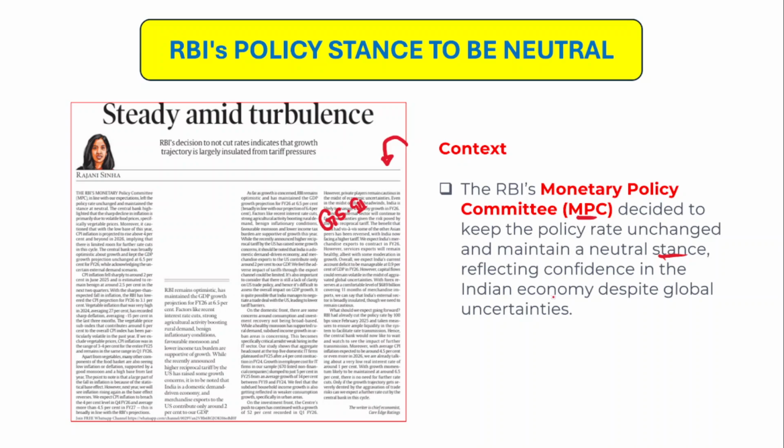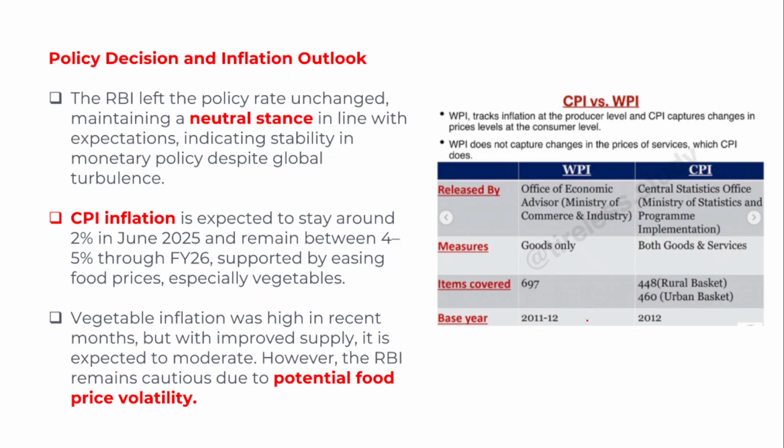So therefore, it reflects confidence in the Indian economy despite the global uncertainties. We all know that there are global uncertainties. For example, the Russia-Ukraine war, the Israel-Gaza conflict, the Iran-US conflict, and US President Donald Trump indiscriminately imposing tariffs on all other countries. All these factors have been leading to global uncertainties. But the Monetary Policy Committee has maintained a neutral stance when it comes to the policy rate. So therefore, it reflects the confidence in the Indian economy even though the world is going through an uncertain phase.